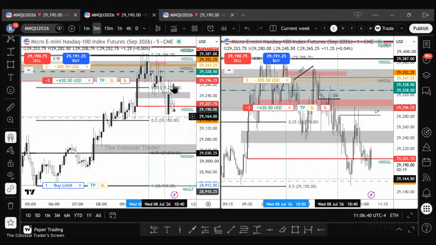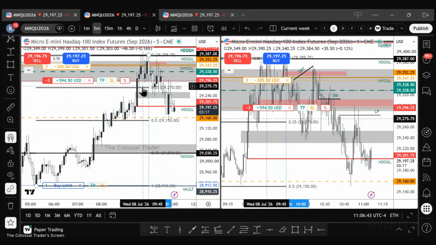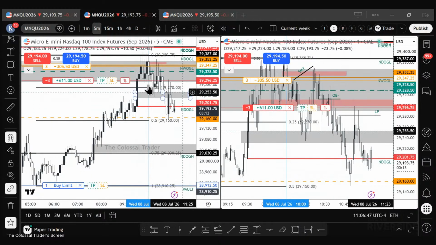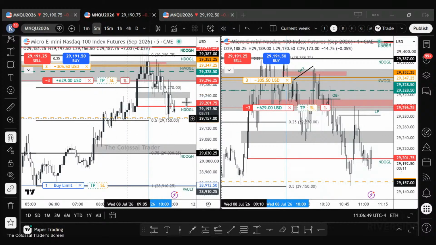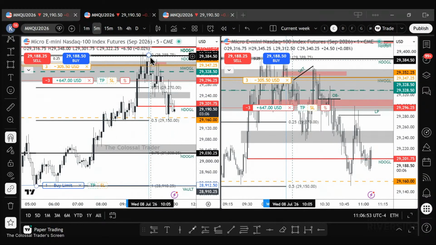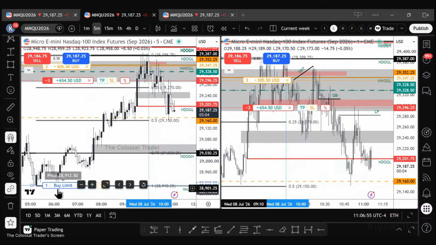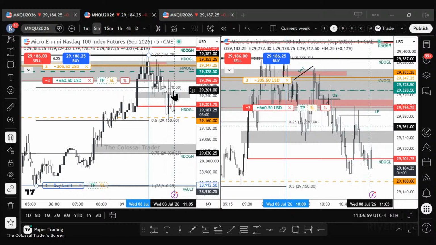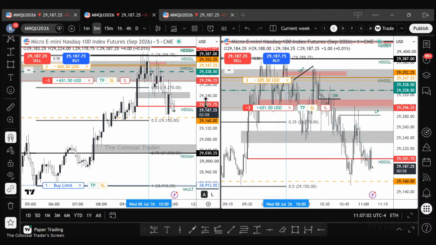Up in this level here is where all the entries need to be taken from a smart money perspective, above the 50% range from this low to high, with an assumption that we're going to cover this range here. So all this back and forth makes sense.